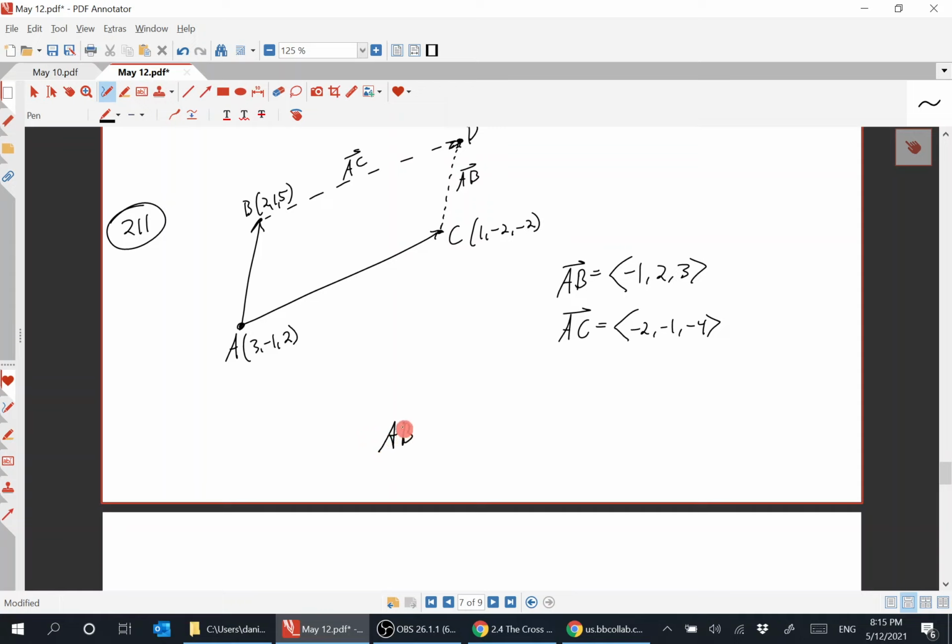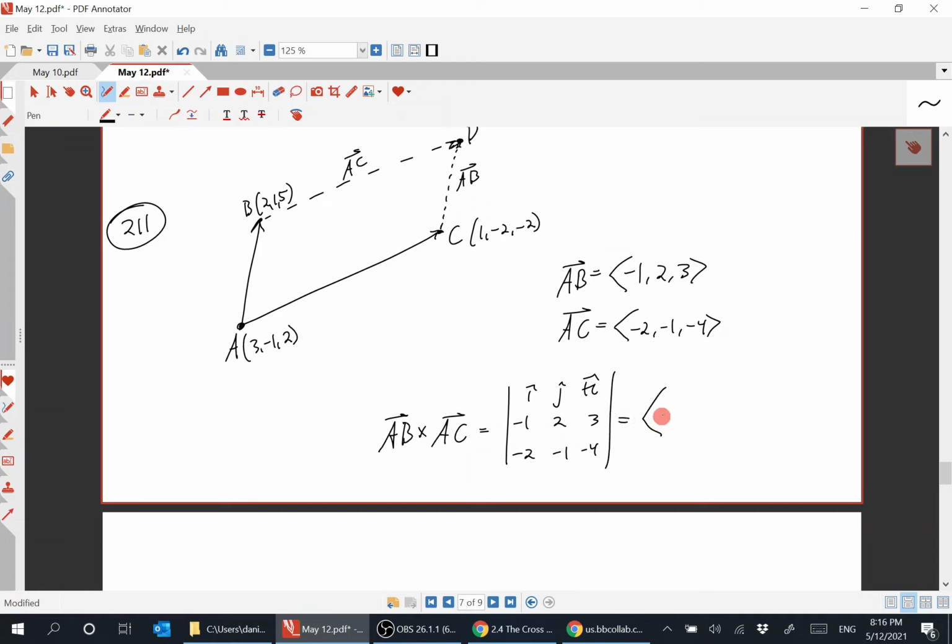So AB cross AC is i, j, k, -1, 2, 3, -2, -1, -4.